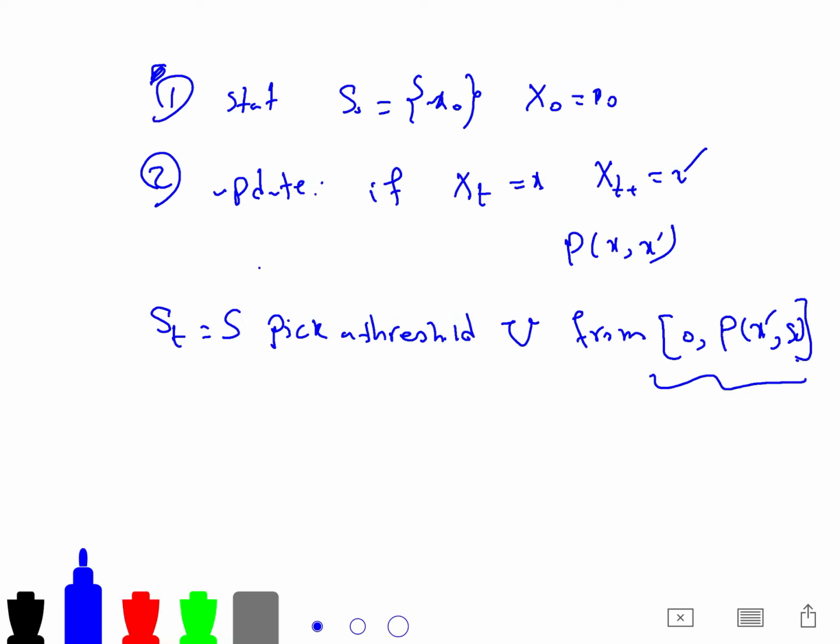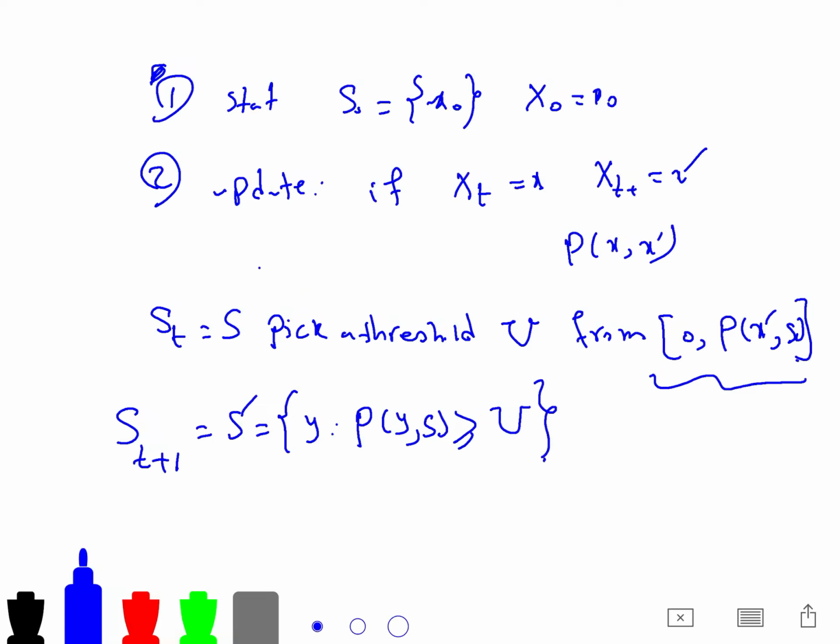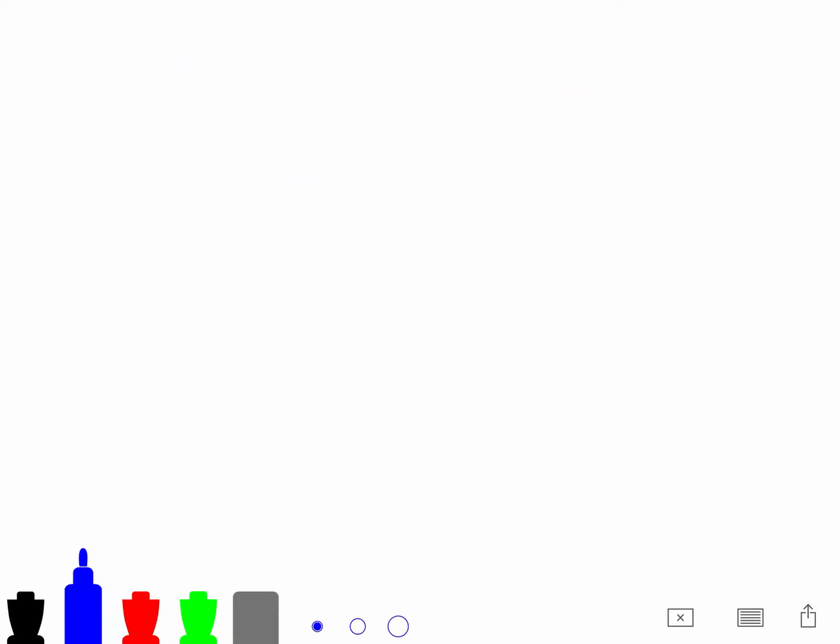We pick from this, not from 0 and 1. Now the rest of the things is almost the same, because we pick those vertices y for which the probability P of y and S is greater than U. And this ensures that x prime is in S prime. It grows and grows and never vanishes.